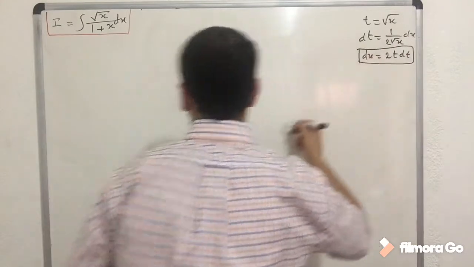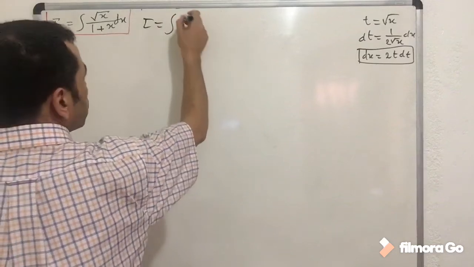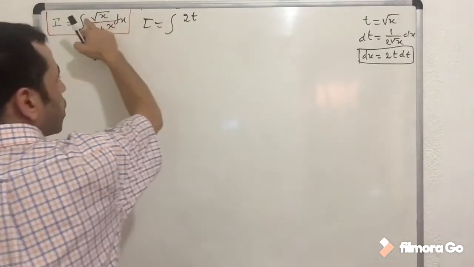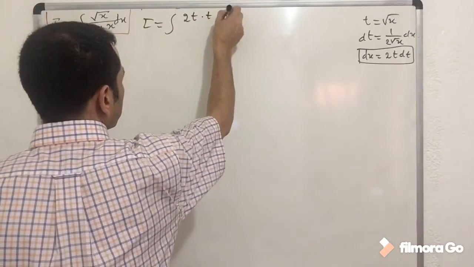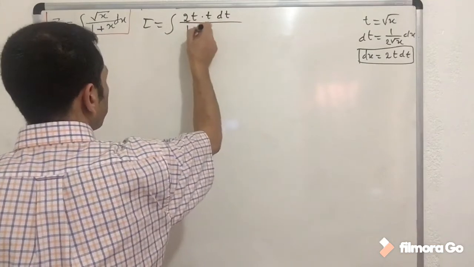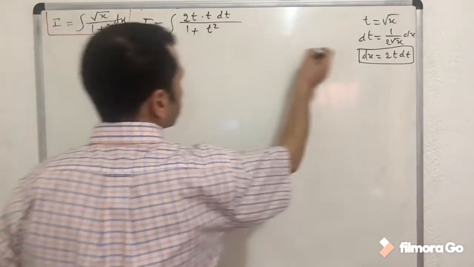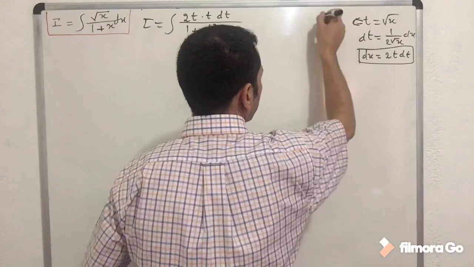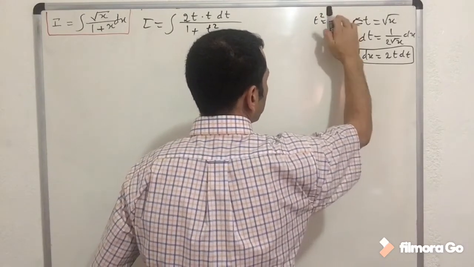Let's plug into our integral. Our integral becomes 2 times t, another t, don't forget another t, dt, divided by 1 plus t squared, because if you raise this one to the power 2 here, you will find t squared, you find x here.